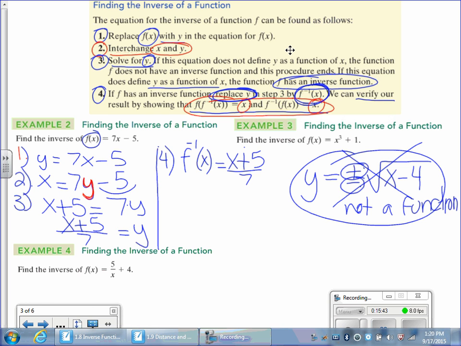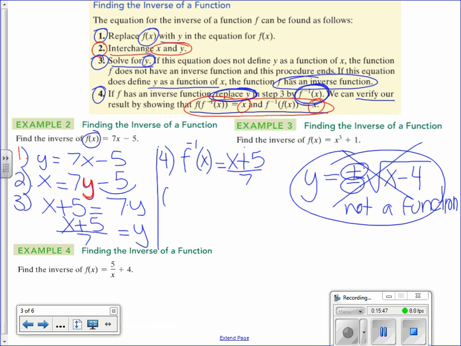1 over 7, or 1/7. Yes. If you're not so sure about it, you could always rewrite it by splitting the fraction. That means 7 divides x, and 7 also divides 5.